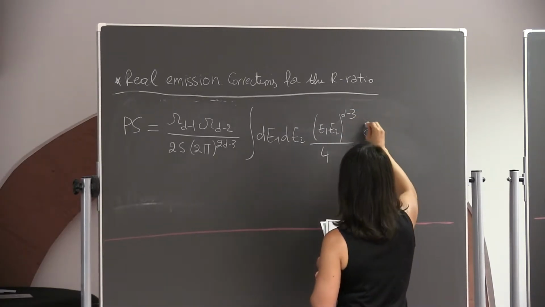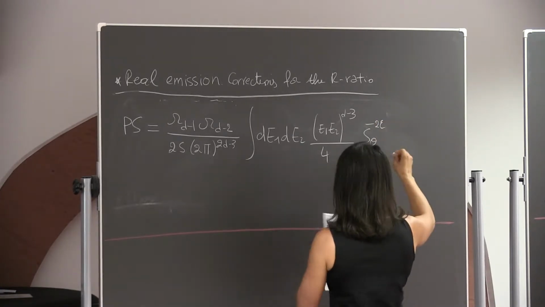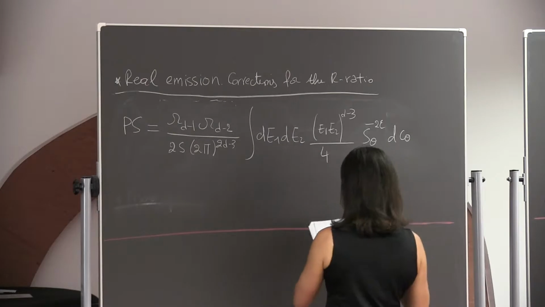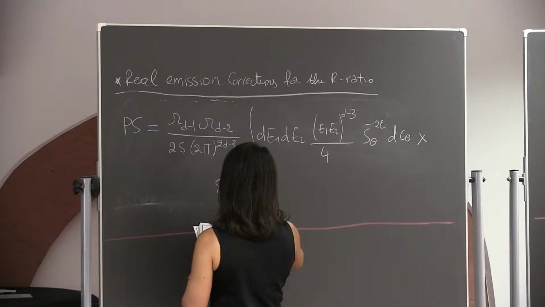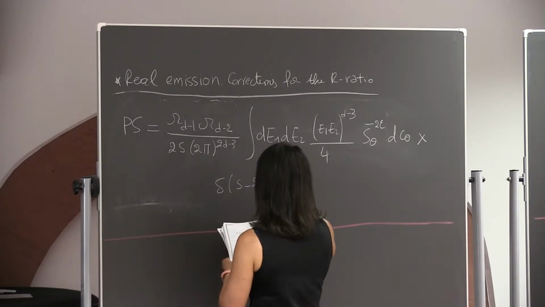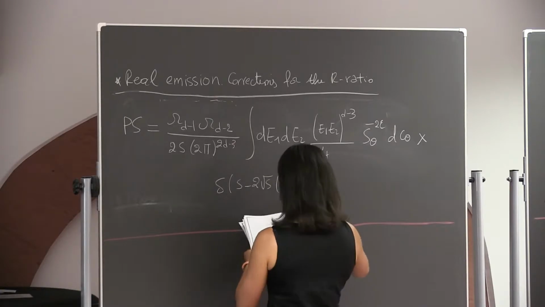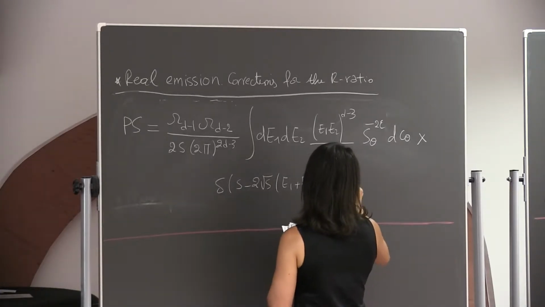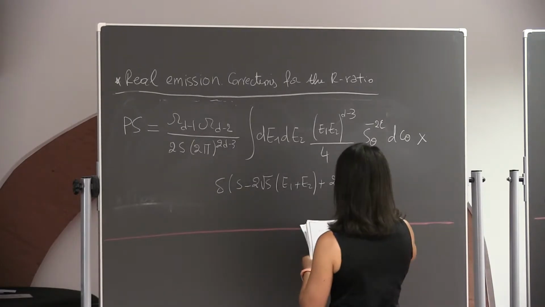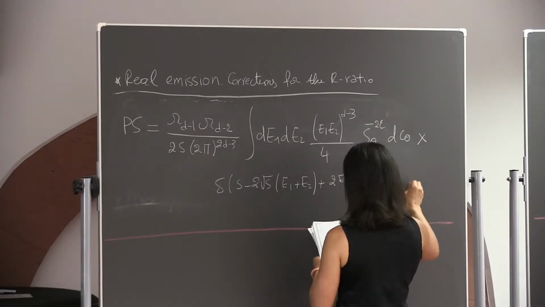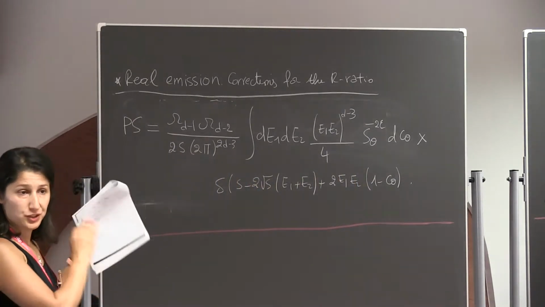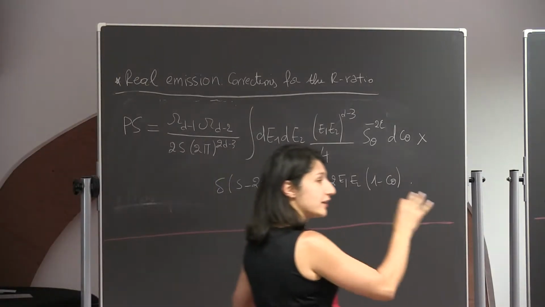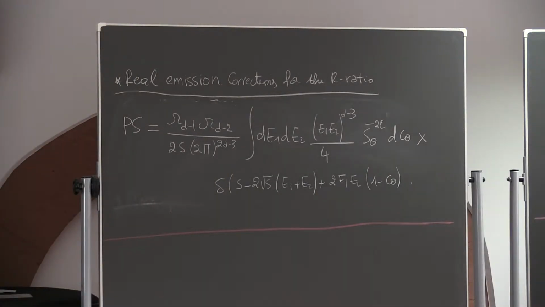And I have my angular dependence, sine theta to the power minus 2 epsilon, d cosine theta, times the delta function. Okay, so far so good. It's just plugging in the definitions of the phase space integral, the momenta, and that's it. I haven't done anything yet at this point.